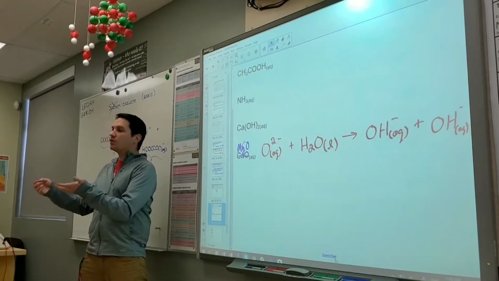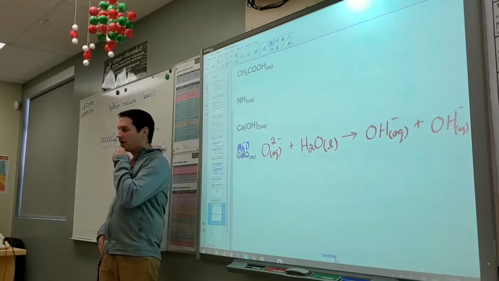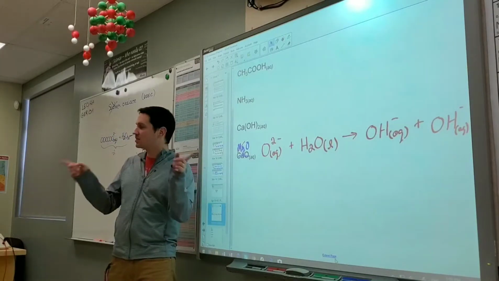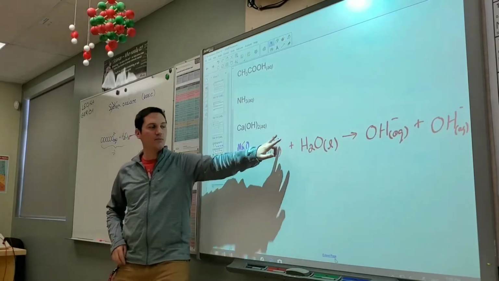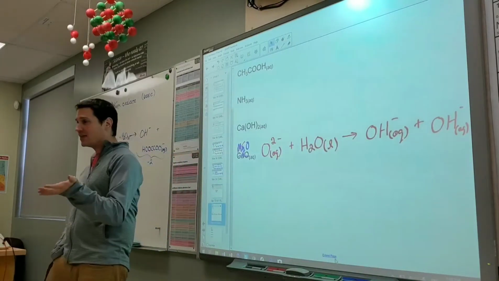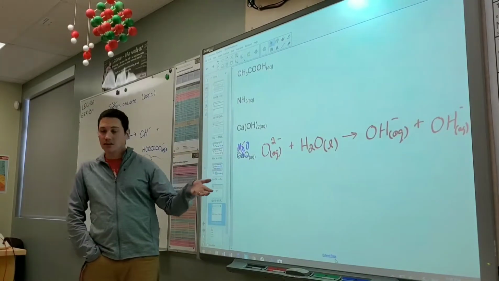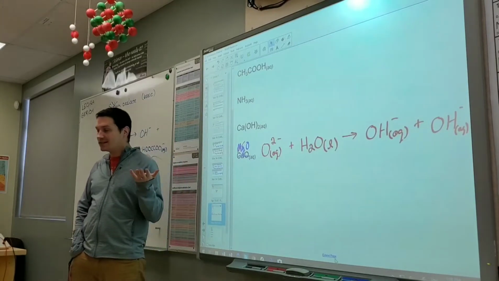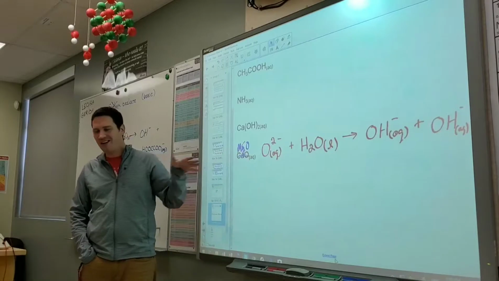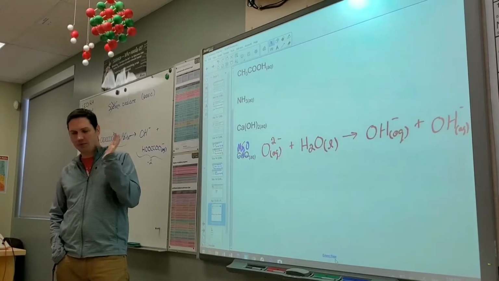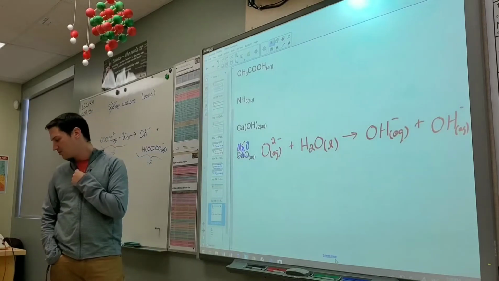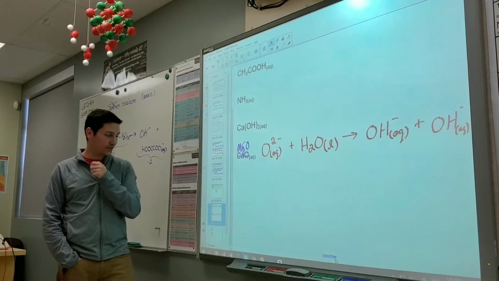So when I put a bunch of magnesium oxide in water, only a tiny amount will actually dissociate. So only a tiny amount will be able to make hydroxide. In essence, it is still a strong base because it totally makes hydroxide, but not all of it dissolved. That's a complicated conversation, and don't worry about it, okay? Because we'll talk about it a little bit later on in the unit.